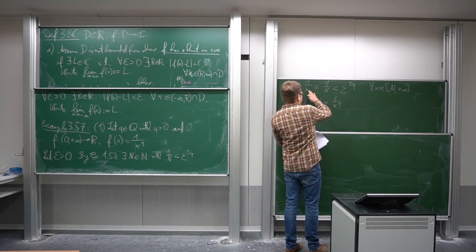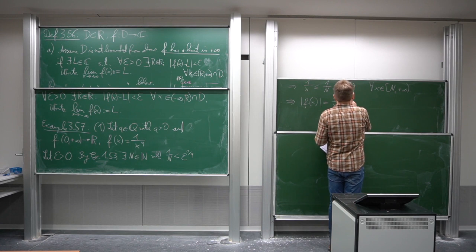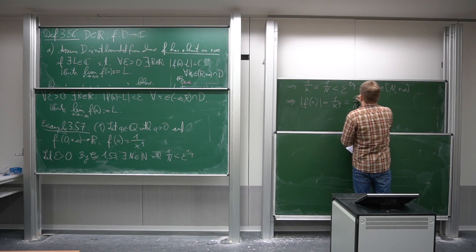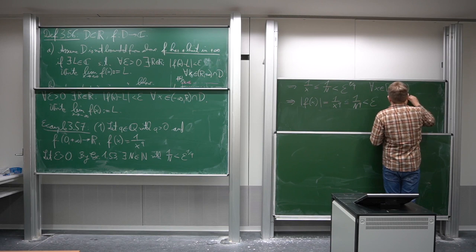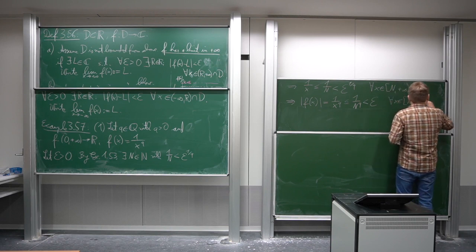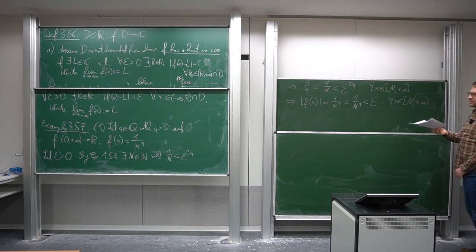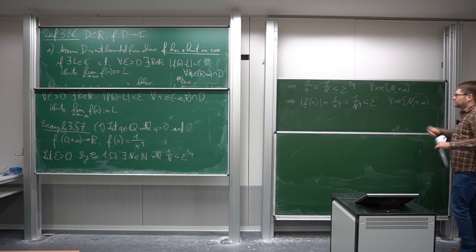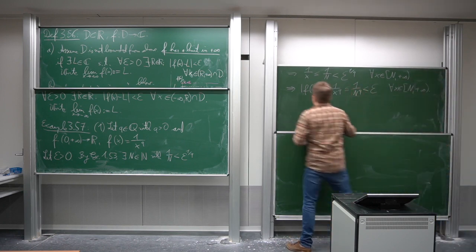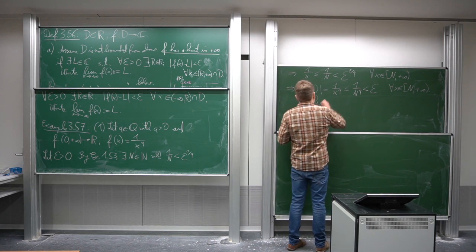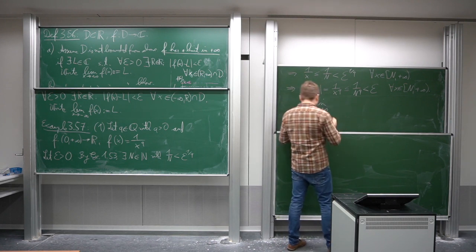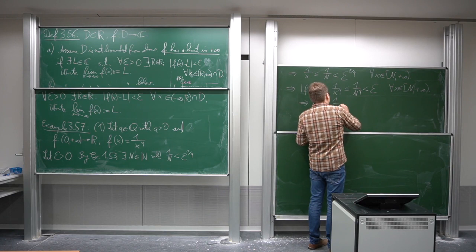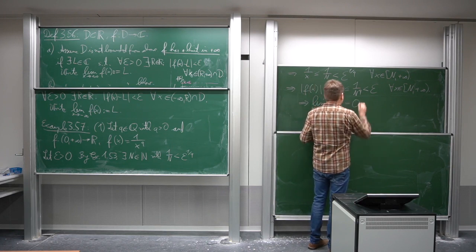So if this is smaller than this, then this is smaller than or equal to 1 over n to the power of q, and this is smaller than, by taking this to the power of q, epsilon, for all x in n to plus infinity. So given some epsilon, we have found some real number, just coincidentally it's a natural number, which doesn't matter, but we have found some number such that from this number on we stay within this epsilon range of 0, and this means that the limit for x going to plus infinity of 1 over x to the power of q is 0.